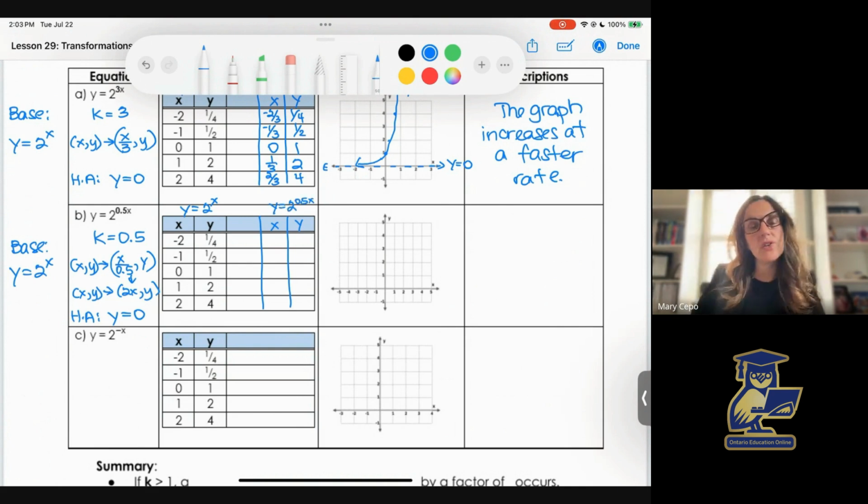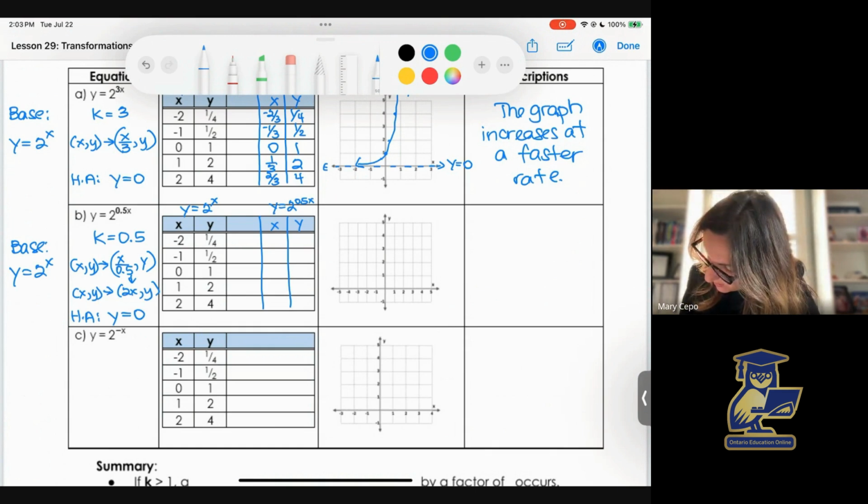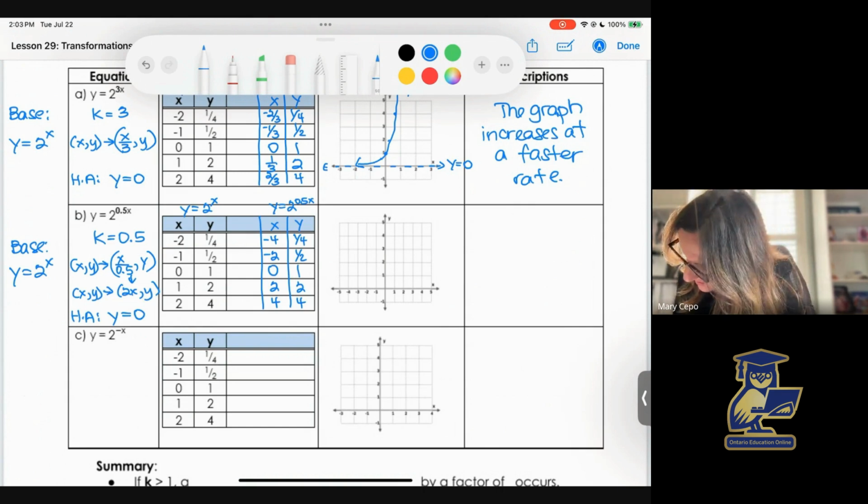So in this case, each x coordinate from our parent function, y equals 2 to the power of x, gets multiplied by 2. So negative 2 times 2, which is negative 4, negative 2, 0, 1 times 2 is 2, 2 times 2 is 4. And of course, the y values do not get impacted. Okay, so graphing that, I always start with the horizontal asymptote because remember, that's that guard line.